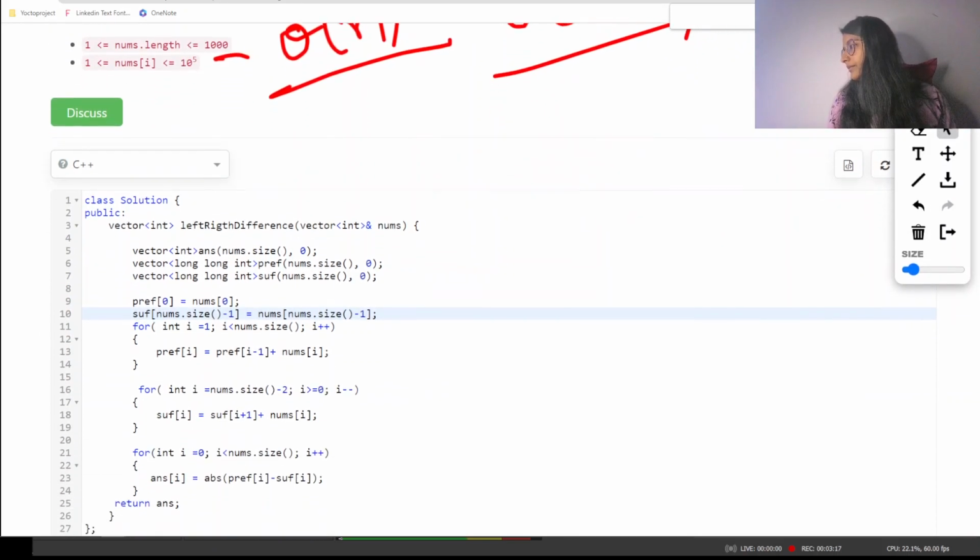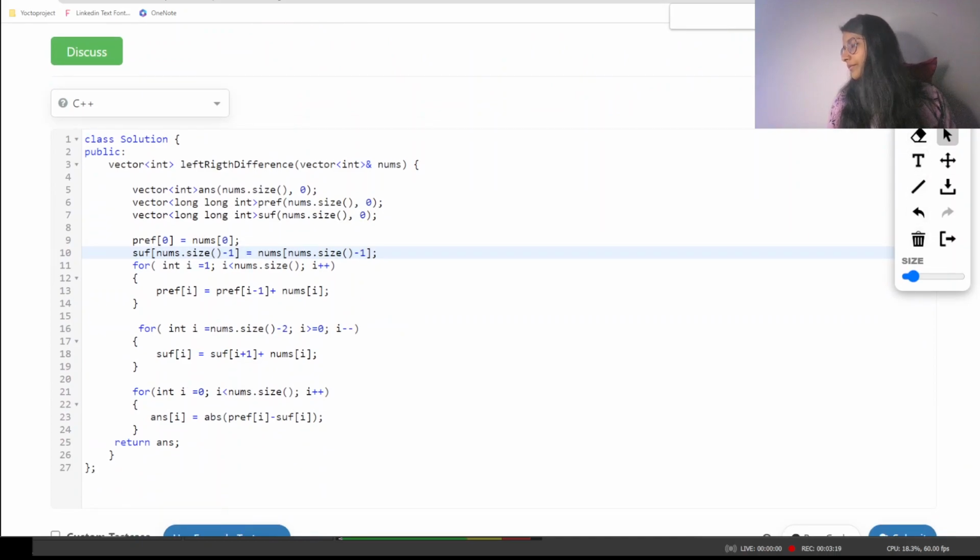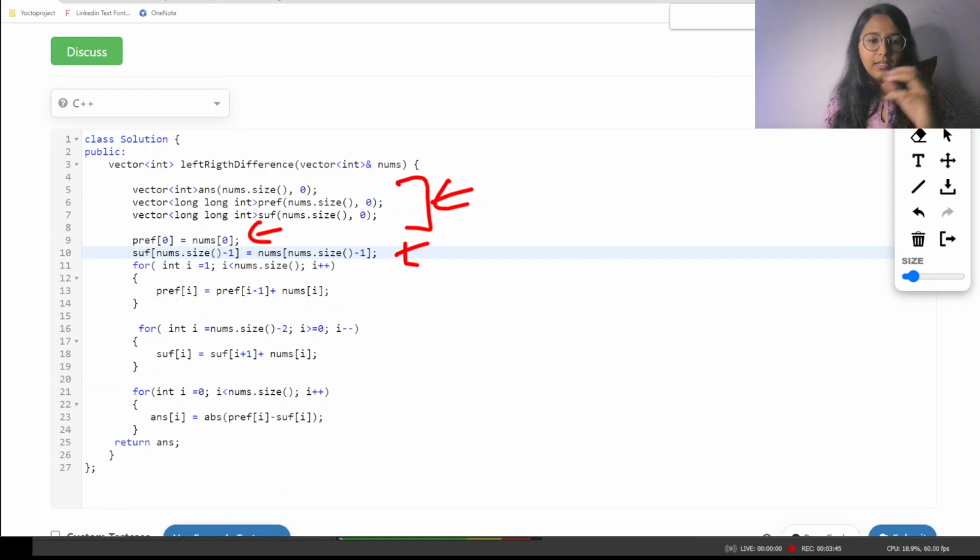Here I have taken answer, then prefix, and then suffix. So basically I've taken these three arrays, and for prefix I'm taking prefix[0] equals nums[0], so that whatever element is at the start, I could fill here. And for the suffix also, whatever element is at the last, I am filling that towards the last of the suffix.